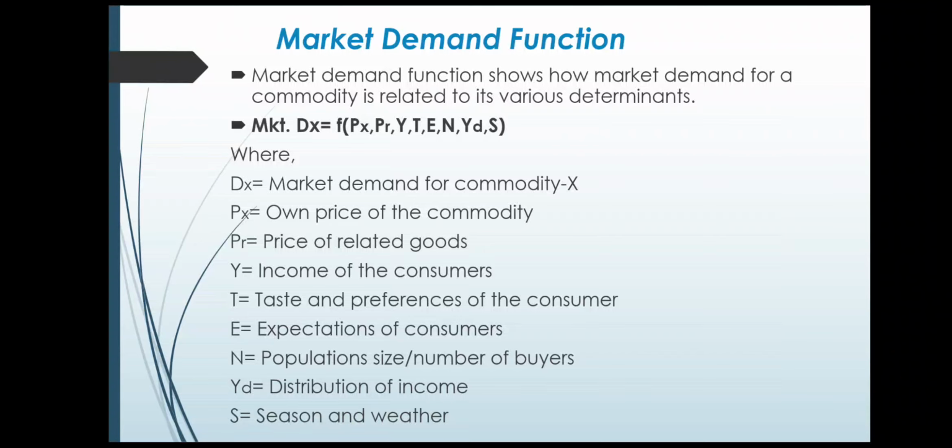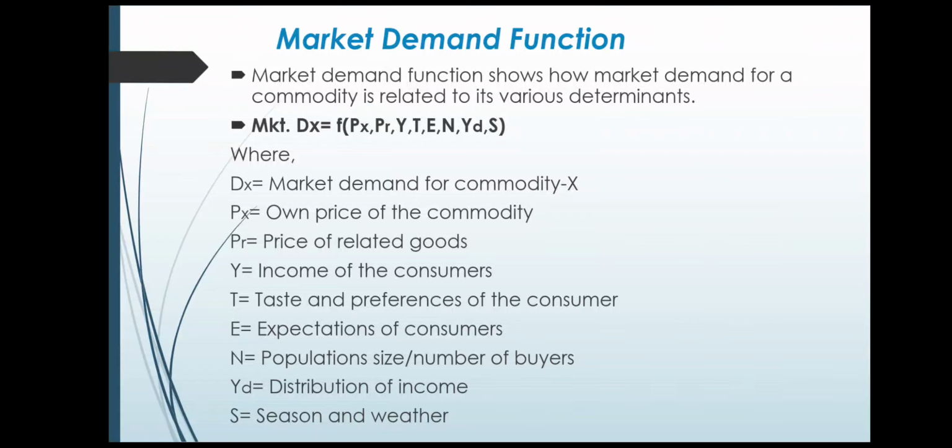And market demand is also related to various determinants. Now, the formula for market demand function is Dx = f(Px, Pr, Y, T, E, N, YD and S), where Dx is equal to market demand for commodity X.